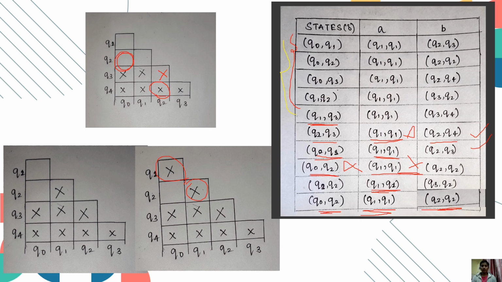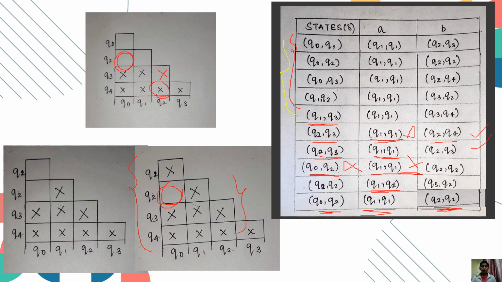Now for this we have reaching states Q1 Q1 and Q2 Q2. Since Q1 Q1 both don't exist, this state will remain unmarked till the last. So after further solving, we have got this final table and this state is unmarked. From here we can conclude that the Q0 Q2 combination will stay unmarked. This is the final table which we get.